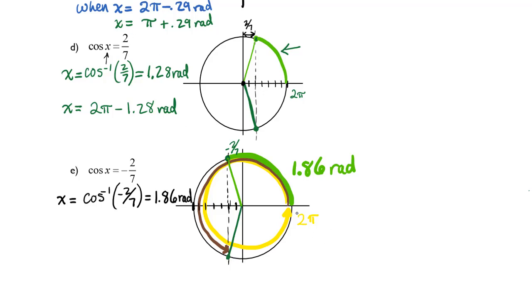That means 2 pi minus 1.86 radians will give me this angle in the 3rd quadrant. So I have two answers once again to this equation. X is equal to 1.86 radians, and x is equal to 2 pi minus 1.86 radians.